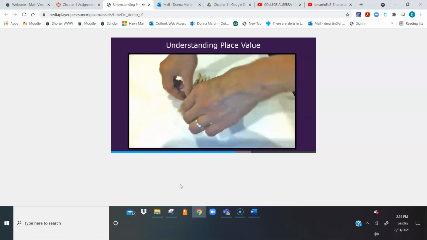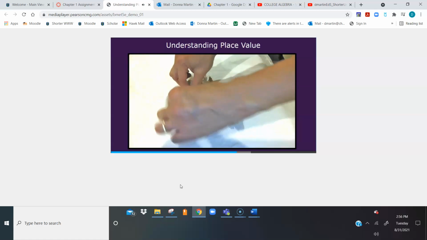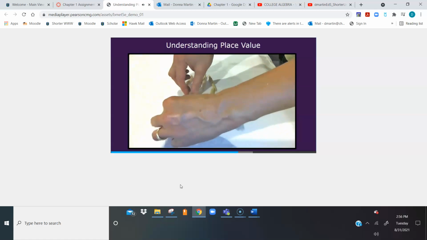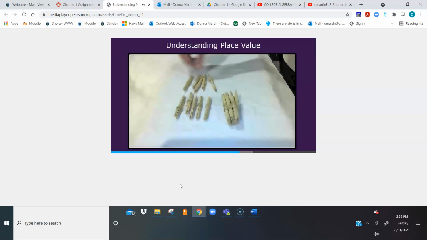And that's a really important idea. 100 is not just 100 loose individual ones, but it's 10 10s. And it's really important for students to understand that because when they do arithmetic that involves any kind of regrouping, they're going to need to be able to understand 100 as 10 bundles of 10.